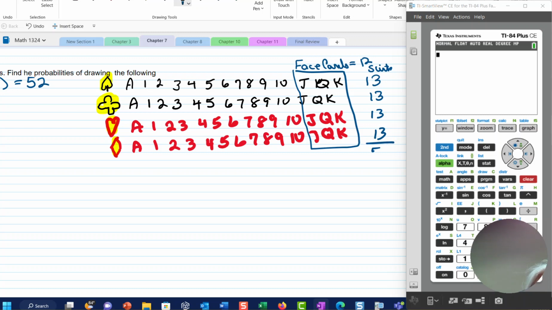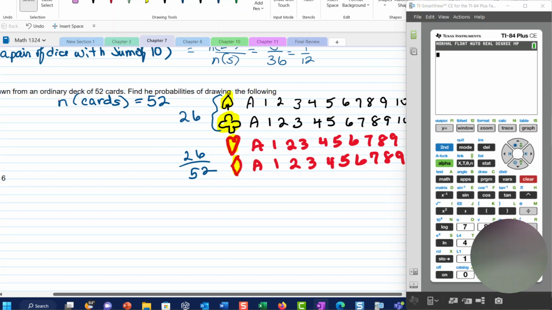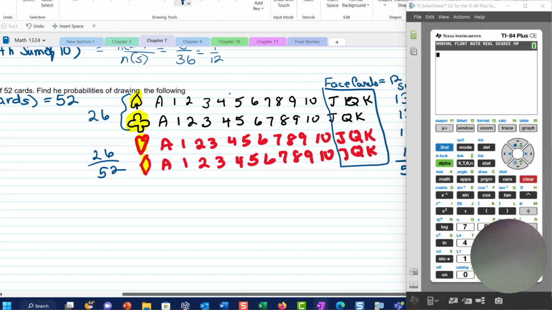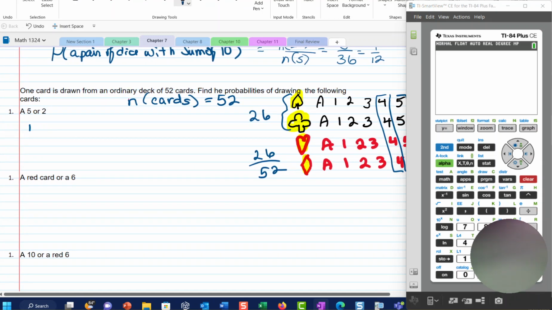And this makes up our 52. All right. So then we have 26 black cards and 26 red cards, which makes 52 as well. So we want the probability of either a 5 or a 4. Okay, a 5 or a 4. Right. So we're going to write our probability down.